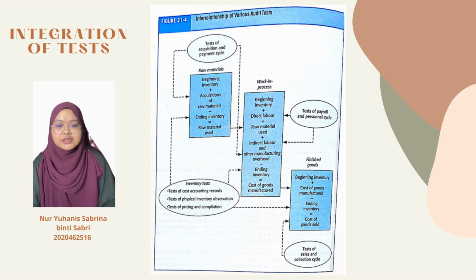Cost of goods manufactured is used to calculate finished goods, and the formula is beginning inventory plus cost of goods manufactured minus ending inventory equals cost of goods sold. The test of the sales and collection cycle is also used to get cost of goods sold.